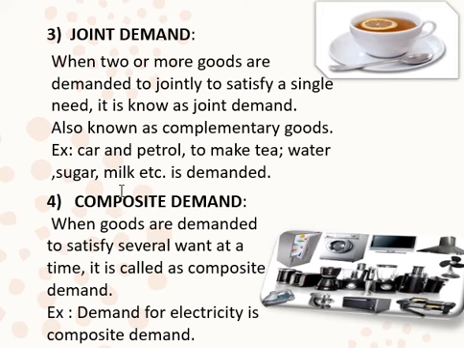Or if you're a coffee lover, we can take sugar, coffee, milk, water. That means in order to satisfy one single want, there are various commodities that are jointly demanded.